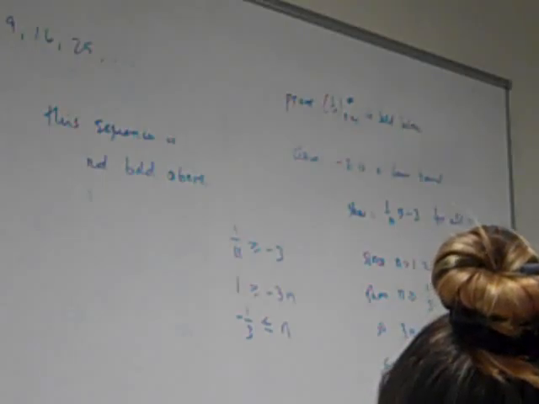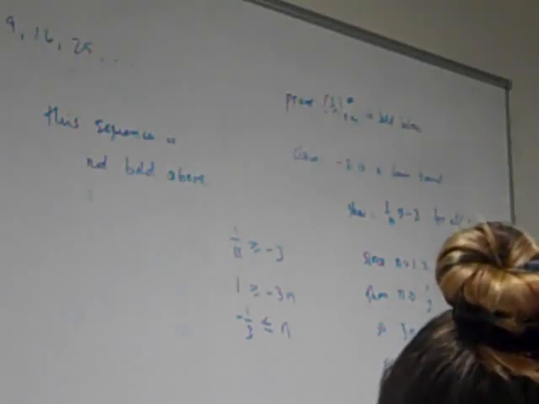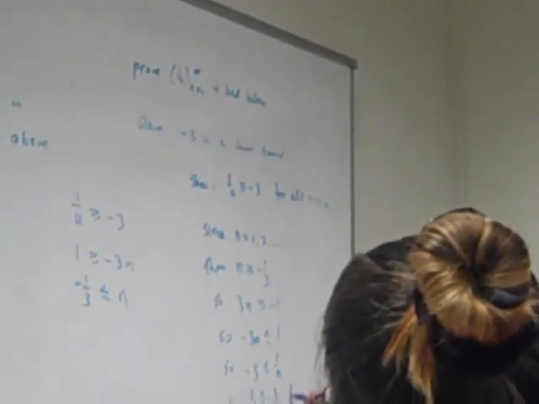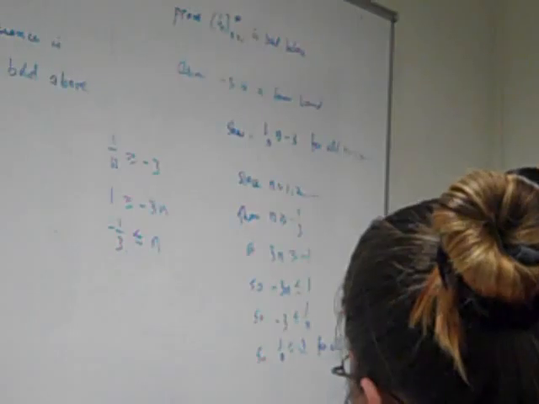So n is less than or equal to, wait, what am I trying to get to? Trying to get 1 over n by itself. So -3 is less than or equal to 1 over n. So 1 over n is greater than or equal to -3, for all n equals 1, 2, 3.